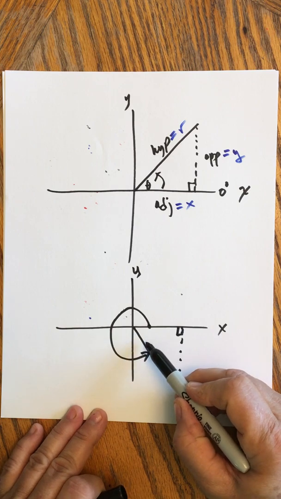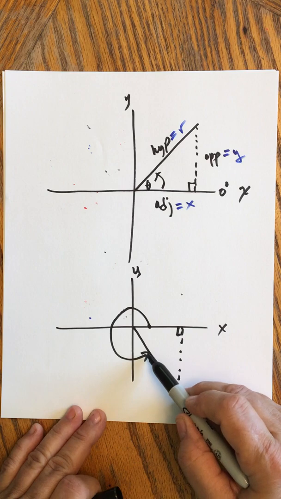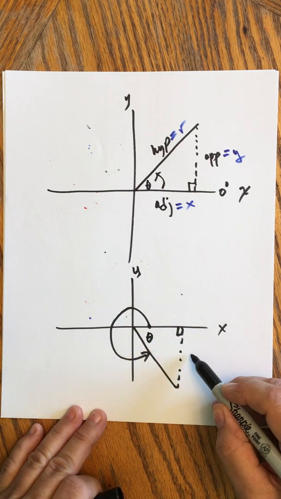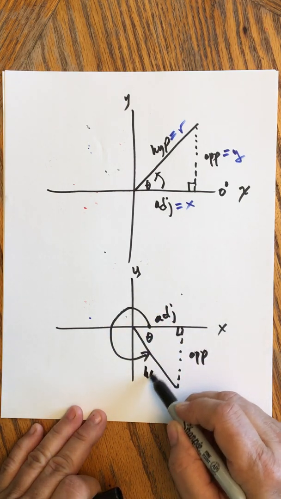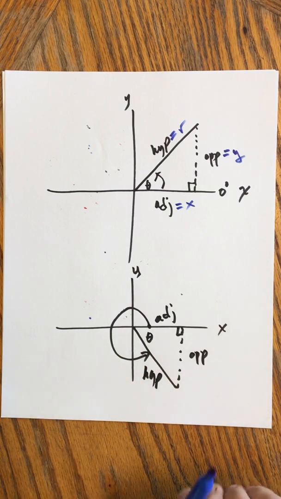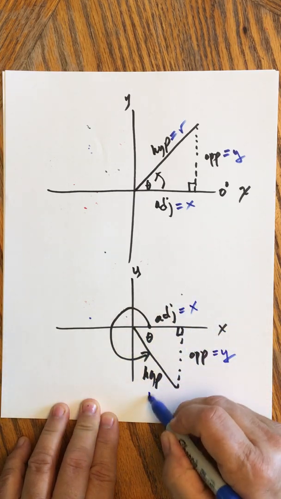Even though this is the rotation, the reference angle is between the terminal side and the x-axis, so here's my angle. Opposite that is here. Here's the adjacent. Here's the hypotenuse, right across from the 90-degree angle. But look what happens. Opposite is the y-coordinate, adjacent is the x-coordinate, hypotenuse is the radius.